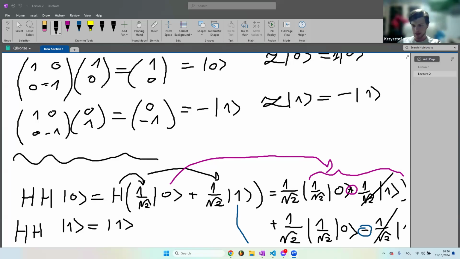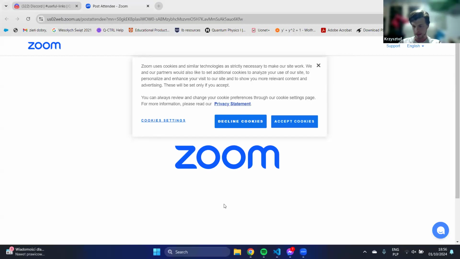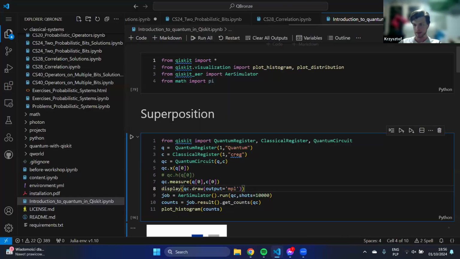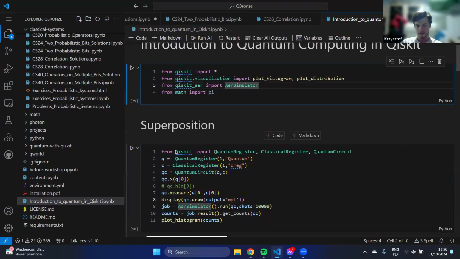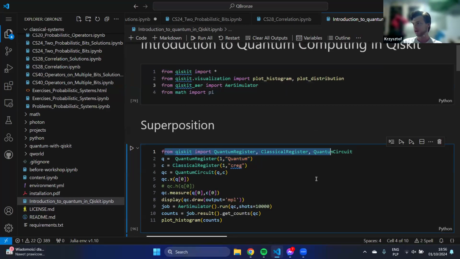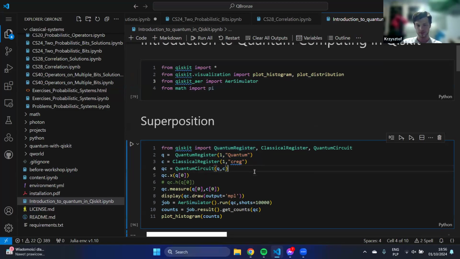And now I'll give you a quick introduction to Qiskit. Yes, I hope you can see my screen now. So the Qiskit library, in order to execute the code, we first need to import registers.